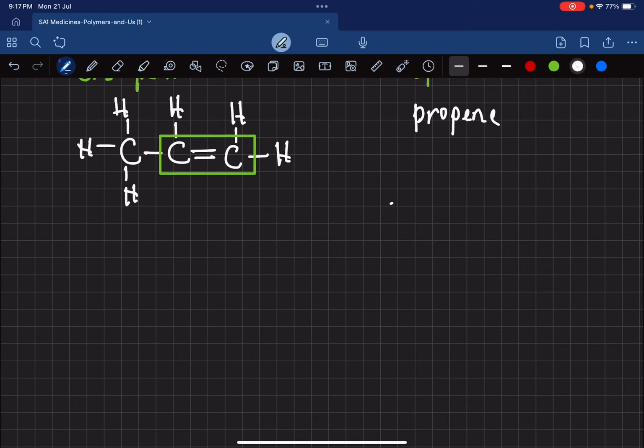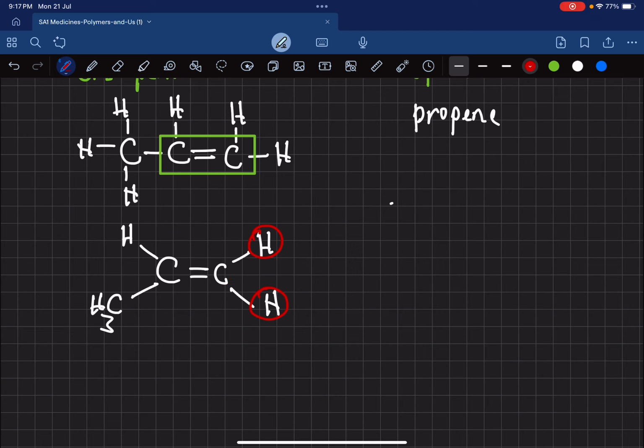We focus on that part, and then you have a C double bond C, and then you stick one hydrogen up there, one hydrogen down here, another hydrogen up there, and the CH3 down here. You cannot have cis and trans because you cannot have two of the same groups attached to the same carbon.